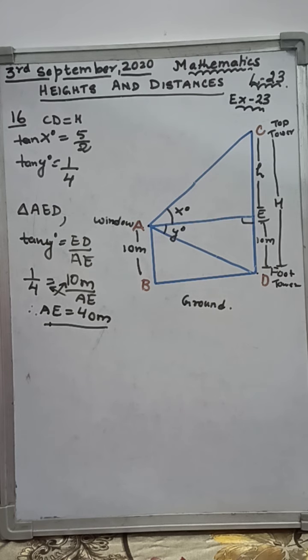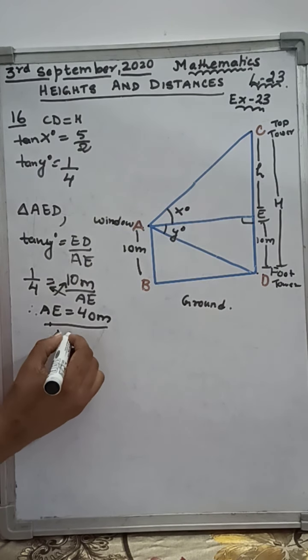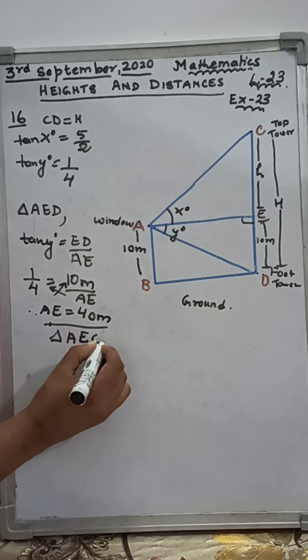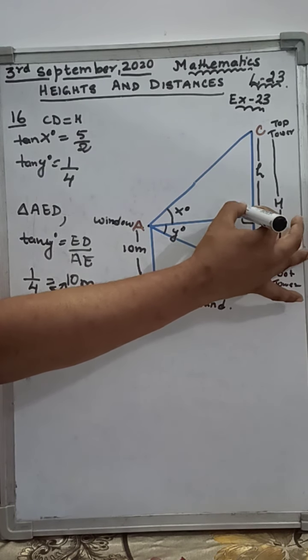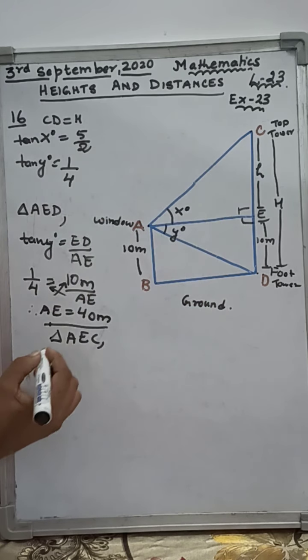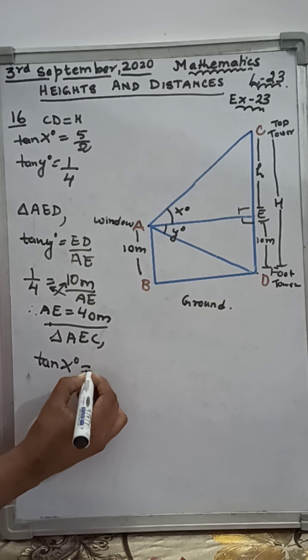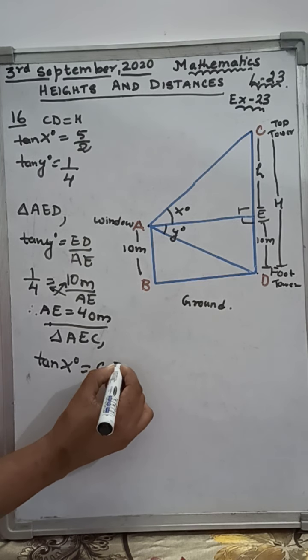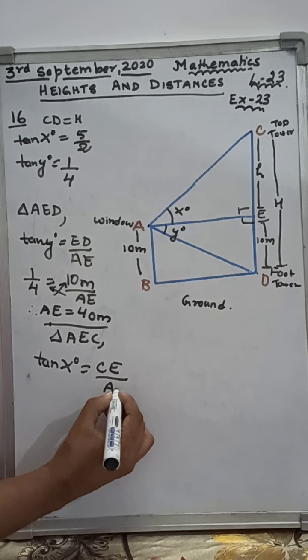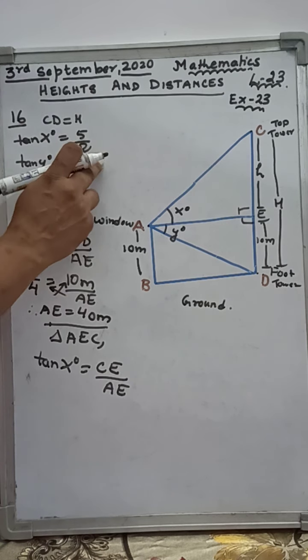Now we will take the second triangle AEC. This is also a right angle triangle. tan x is equal to perpendicular over base, perpendicular is CE over base is AE. The value of tan x is given in the question, that is 5/2.